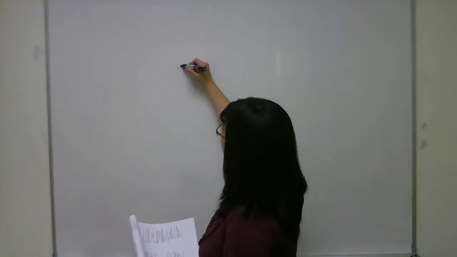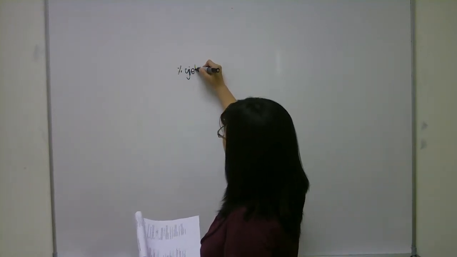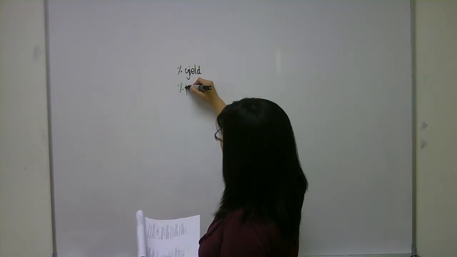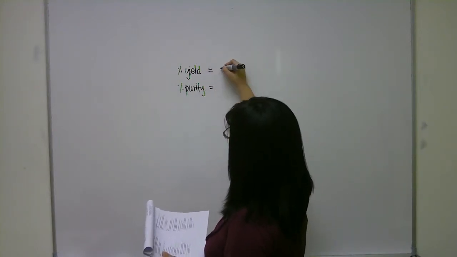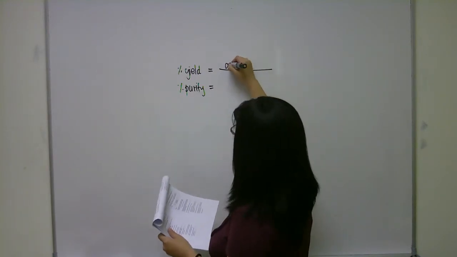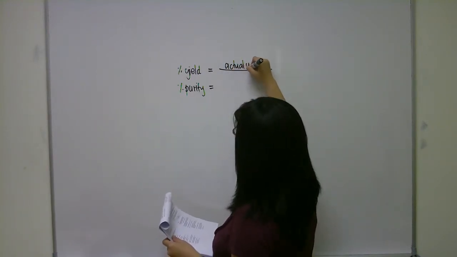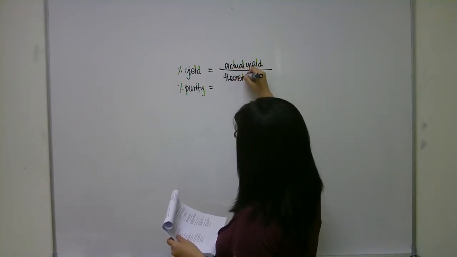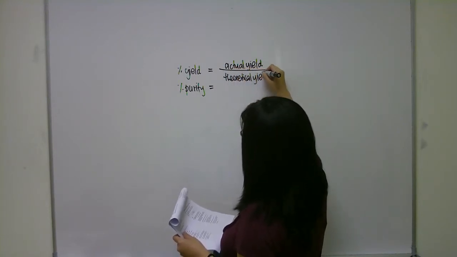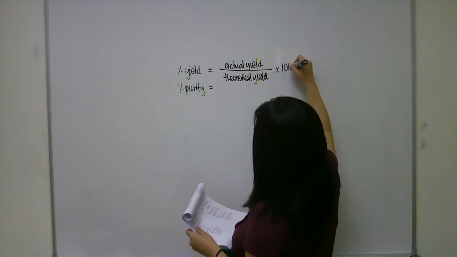Some other minor formulas that you need to teach a student will be those involving percentage yield and percentage purity. Okay, so you should know that percentage yield is actual yield over theoretical yield times 100%.